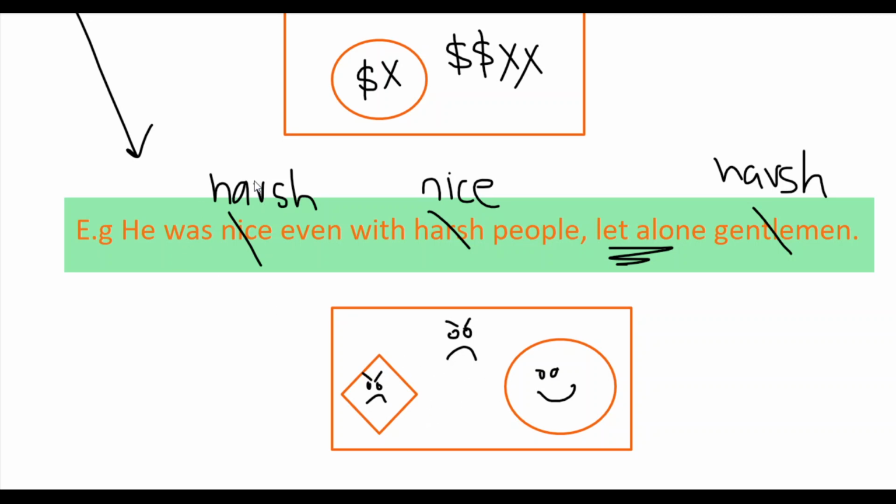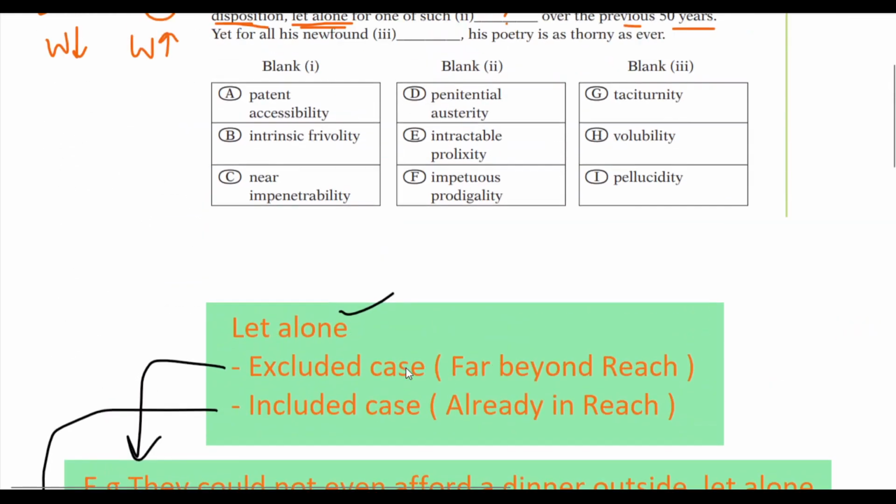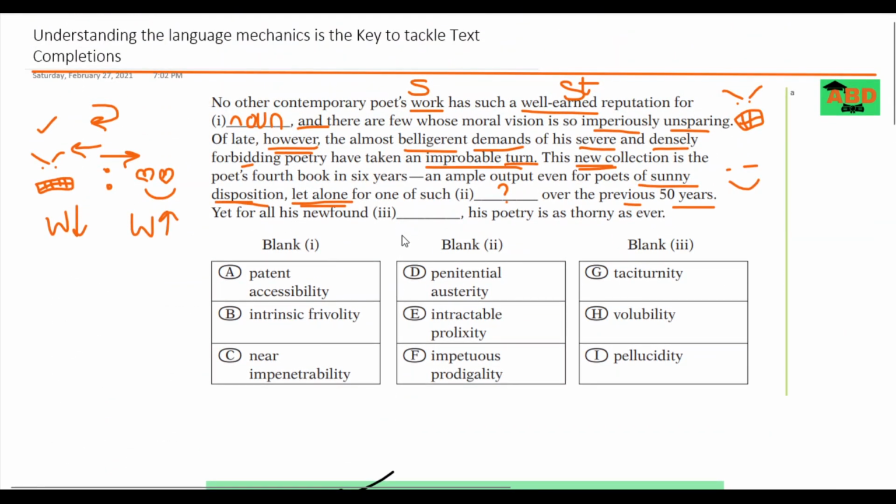So now that you have understood how let alone mechanics really work, I think we are in a pretty good position to go back to the question and figure out what is going on. This guy is famous for being harsh and cruel and severe and belligerent and that kind of thing. This guy is even writing for people of sunny disposition.